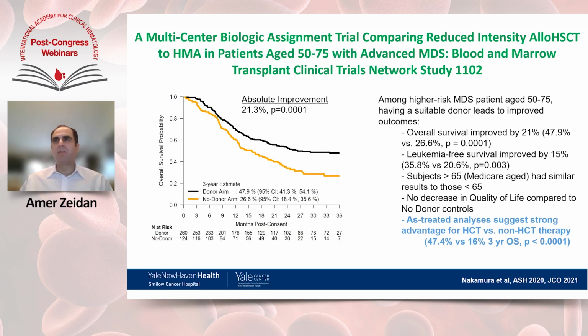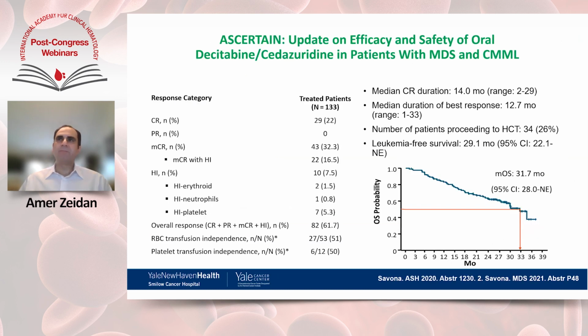So you can look not only at 50, 60, 70, but up to the age of 75, patients who had a donor and went to transplant had a survival of 50% at 3 years compared to 25% for those who did not have a donor and did not undergo transplant. So almost double the survival. So I think it's very important to tell your patients and consider them for transplant, because until now we are seeing patients in their even 60s who are being told by their local doctors that they are not candidates for transplant.